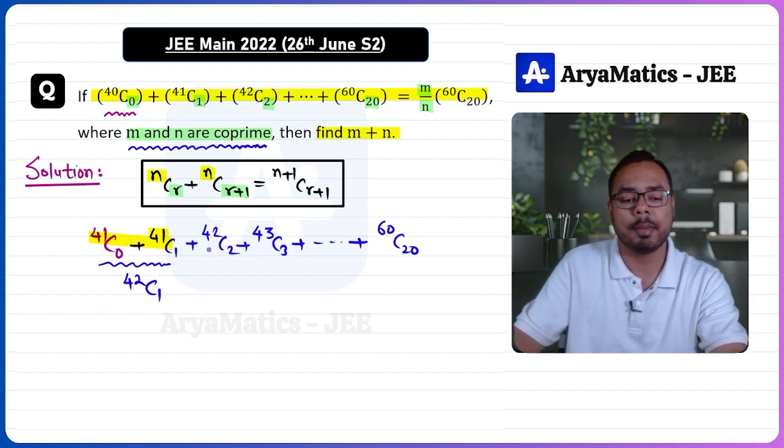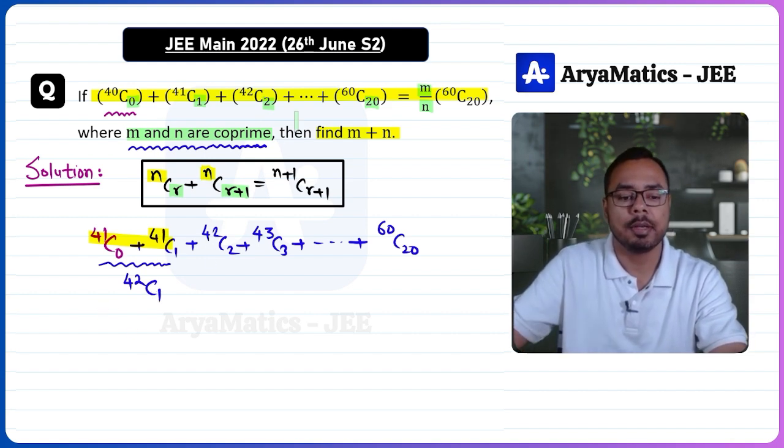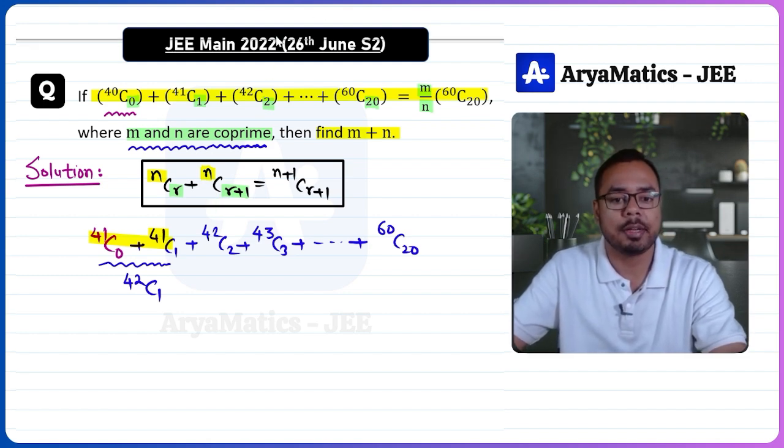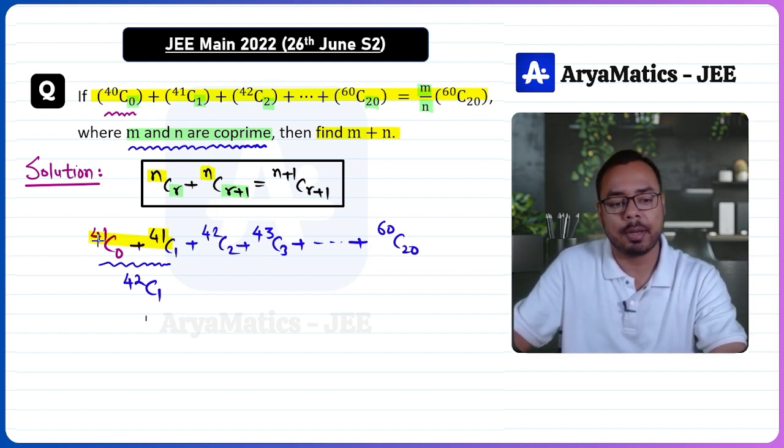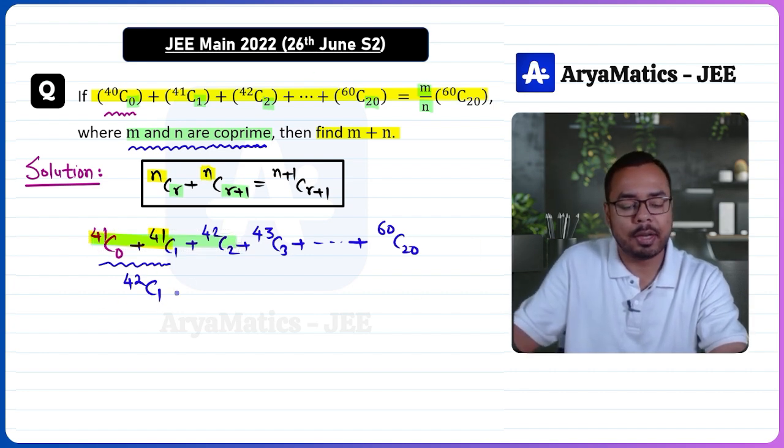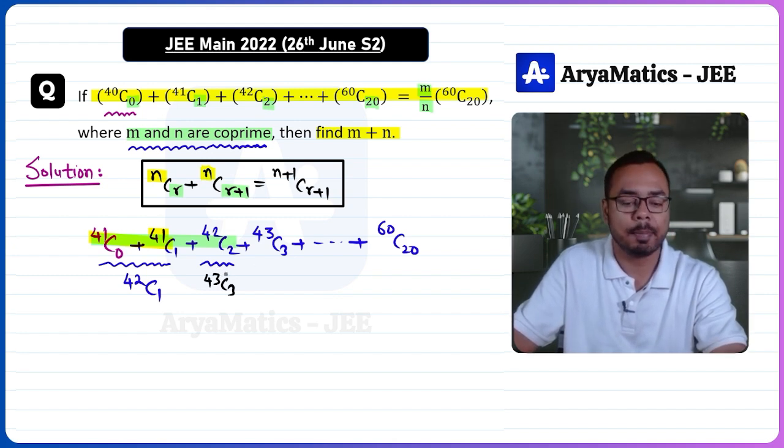Now you can see what will happen if I combine it with the next term. If I combine the first three terms, the sum of the first two terms is 42C1. Now add 42C1 with the next one. So 42C1 plus 42C2 will become 43C2. We have to add 1 and take the bigger number here.